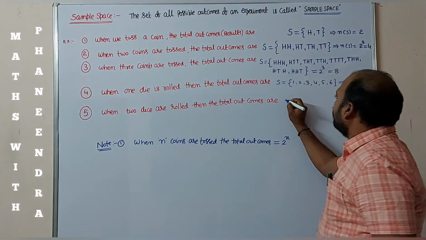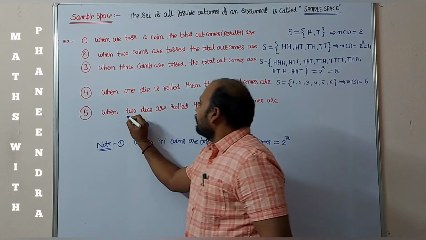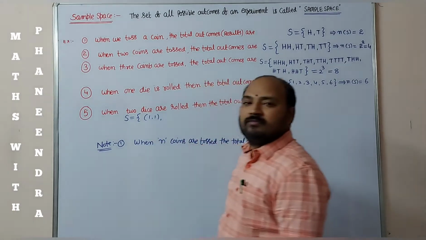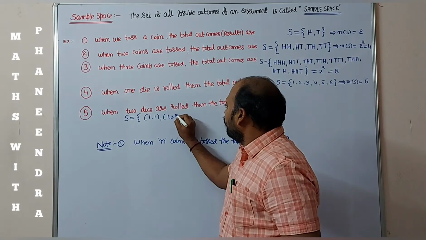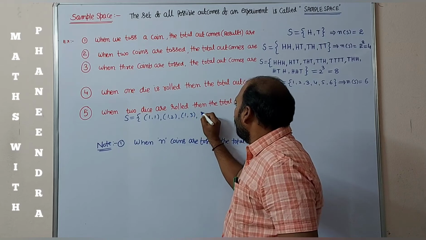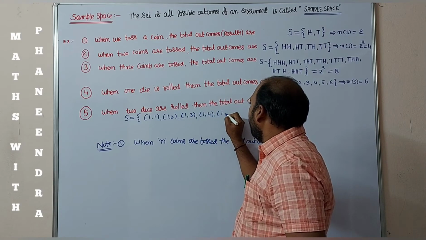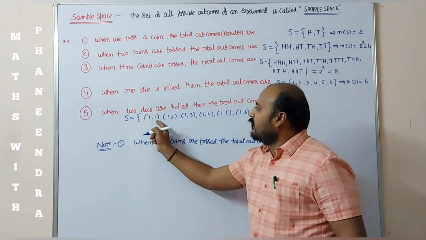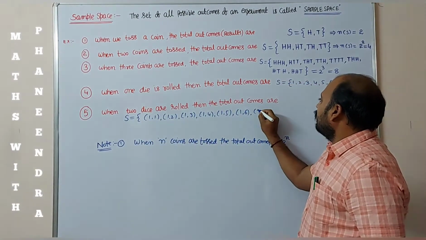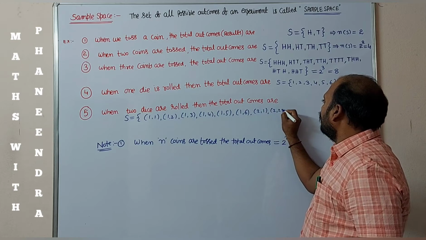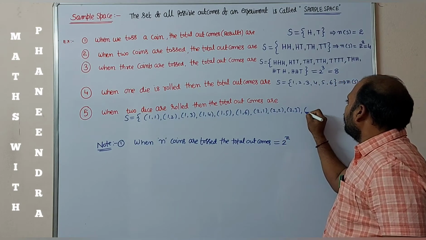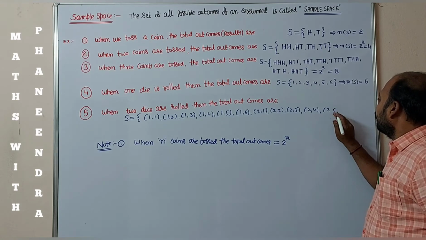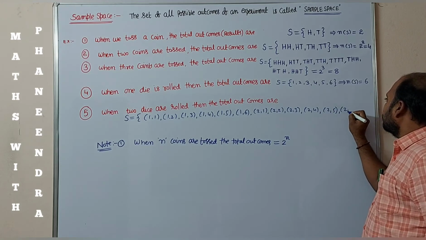S is equal to: (1,1), (1,2), (1,3), (1,4), (1,5), (1,6). Next it may get (2,1), (2,2), (2,3), (2,4), (2,5), (2,6).